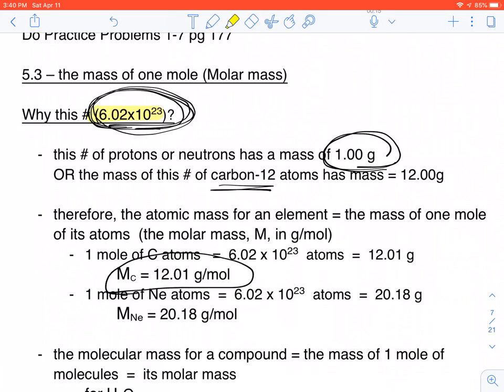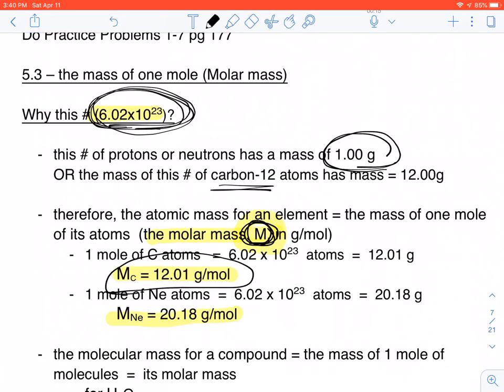The molar mass for carbon is 12.01, for neon is 20.18, for cobalt is 58.93, for sodium is 22.99. That is grams for 1 mole, grams per mole, or molar mass. And the important thing here is the molar mass is given the symbol big M.